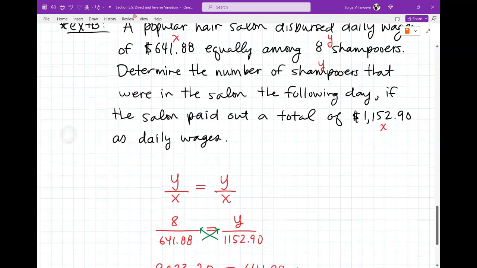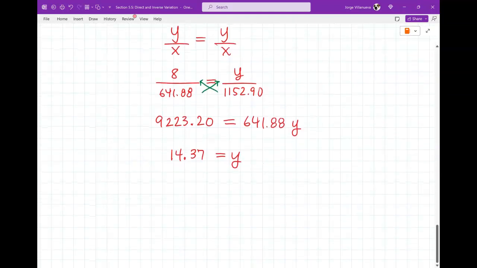It's people, right? Can I have 14.37 people? So then how many were there? So who earns the rest of the 0.37? No? You've got to pay somebody. So don't undercut the people. Count them up. Round up. So there's actually 15 people that had to share that.